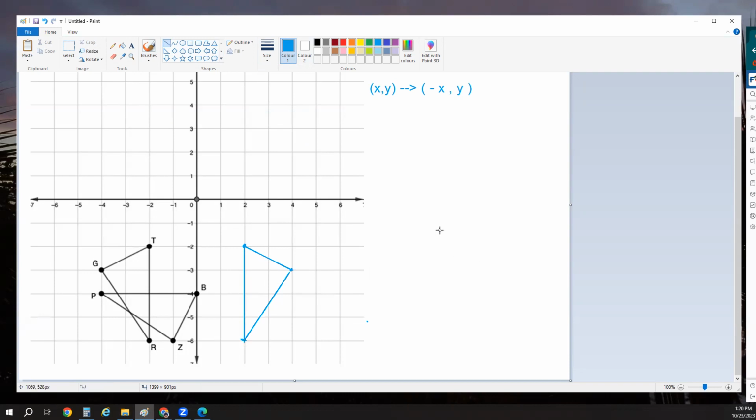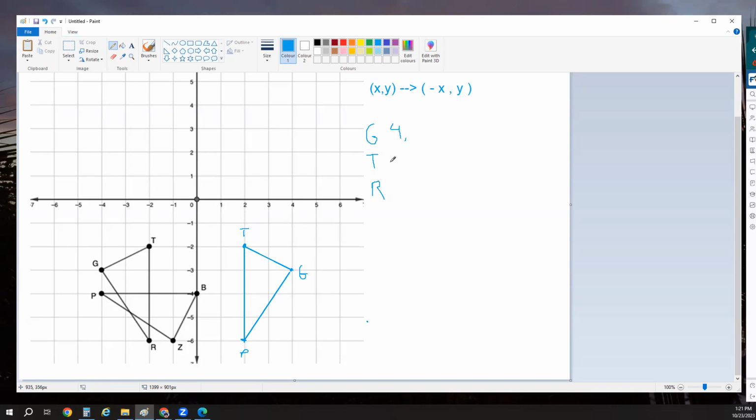Right? And I'm going to have to rotate this clockwise. So for a rotation clockwise, I'm going to have to pull some points. I'll call these G, T, and R. G is (4, -4).